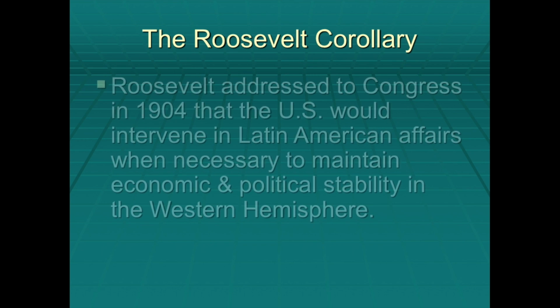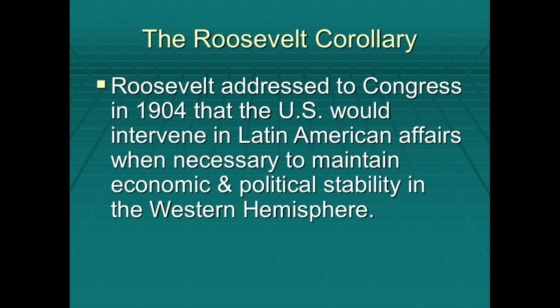Roosevelt Corollary. Roosevelt addressed to Congress in 1904 that the U.S. would intervene in Latin American affairs when necessary to maintain economic and political stability in the Western Hemisphere. So they really wanted North and South America.